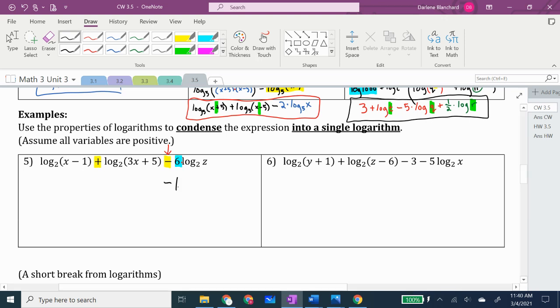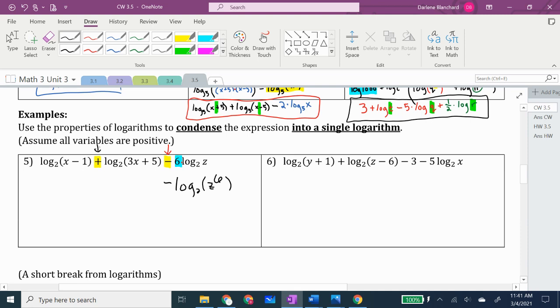That will turn that into log base 2 of, and I'll put parentheses, but they don't have to be there. And whatever is inside that logarithm is now to the power of 6.